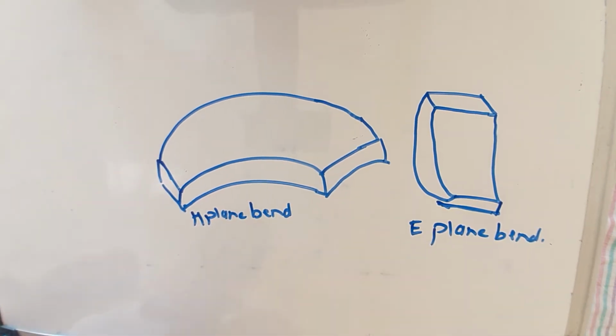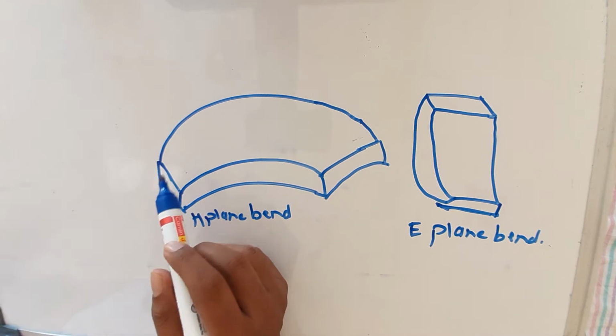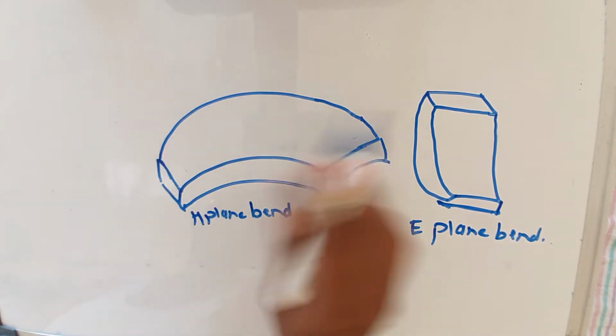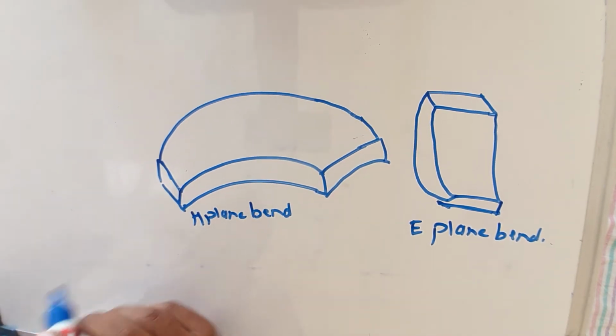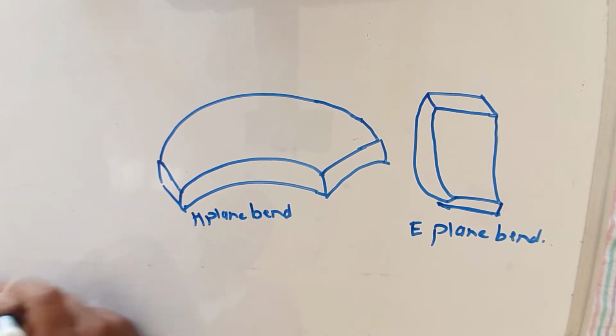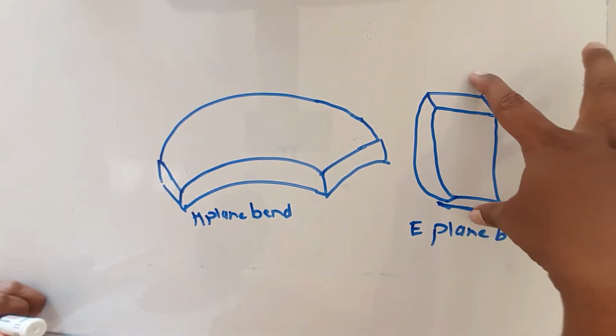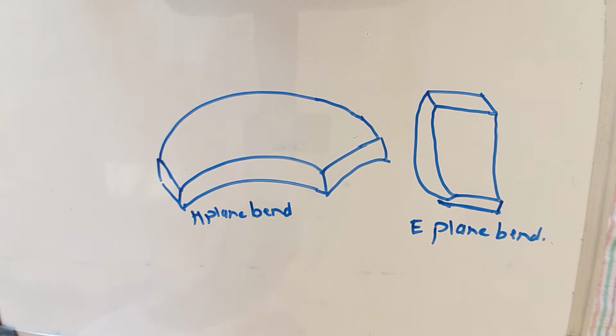H plane bend and E plane bend are there. Here the construction is that the H plane bend will be parallel to the horizontal surface, while the E plane bend will be parallel to the vertical surface.